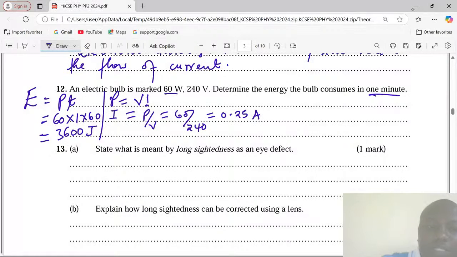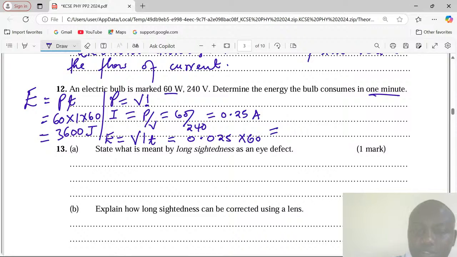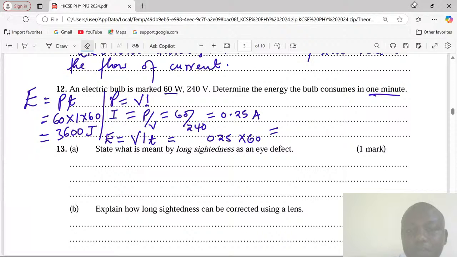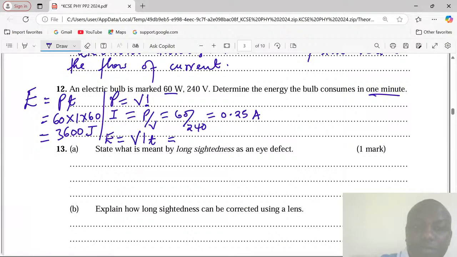And now we can see that energy is given by, instead of P, we use VI, then times T. We need to begin with V, I is current, T is 60.